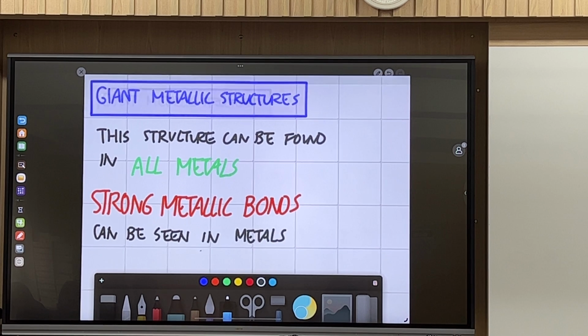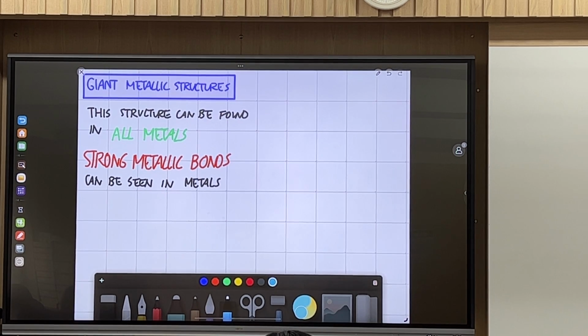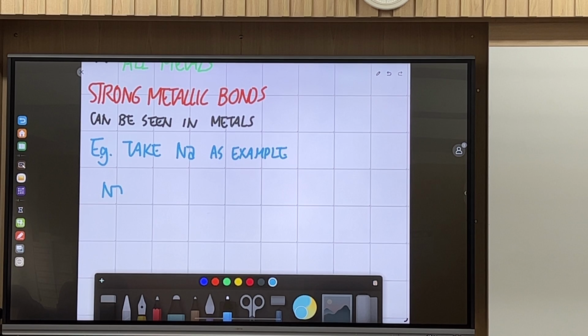And this is how it works. Take sodium as an example. What is the symbol of sodium? Na. So take Na as an example. If I tell you that Na has 11 electrons, can you tell me what is the electron arrangement? 2, 8, 1.